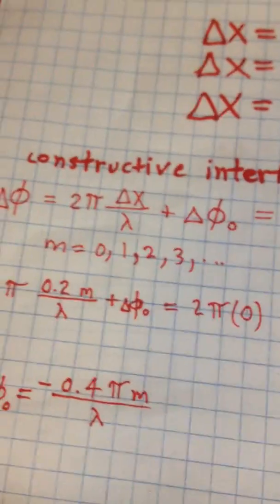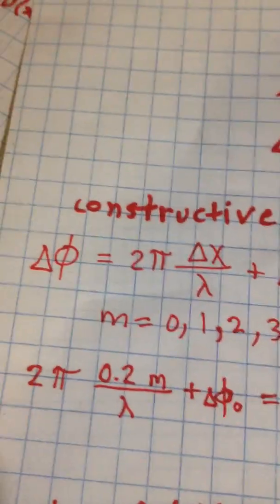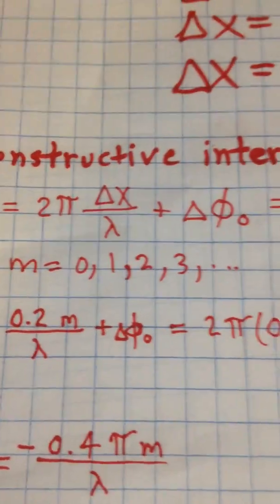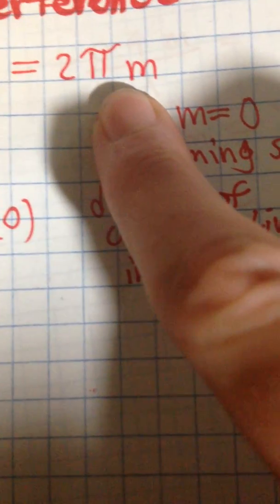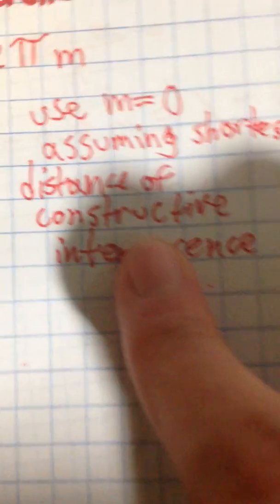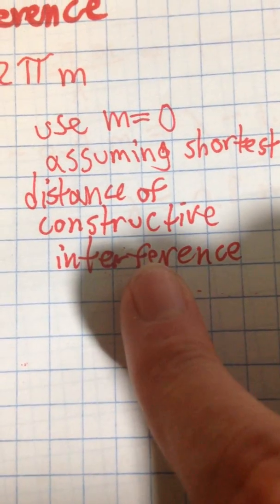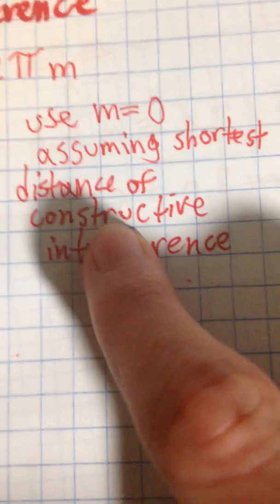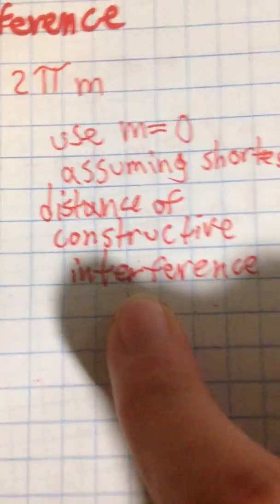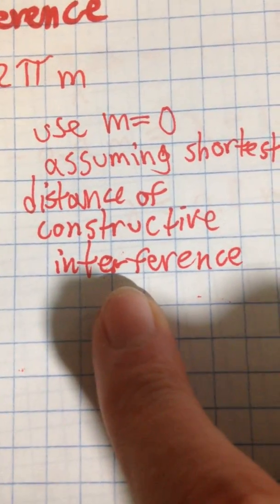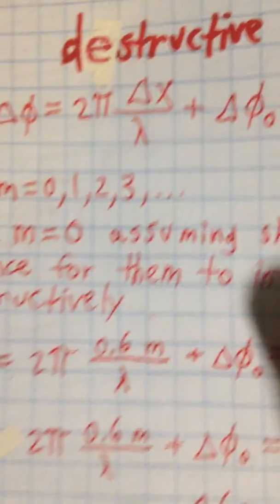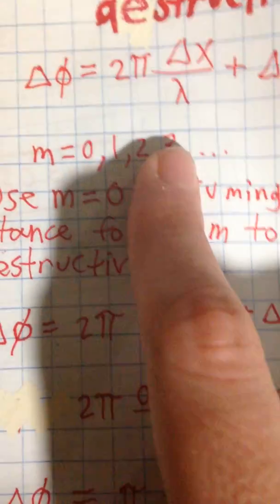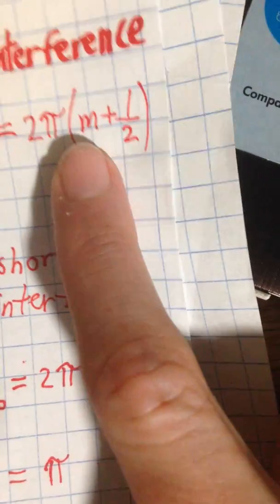So when they first get to a separation of 20 centimeters from 0, we're going to say m equals 0 for the m integer of 2 pi. And this is because the 20 centimeters, we're going to assume that it's the shortest distance of constructive interference. And likewise, we can use m equals 0 for the other equation here.